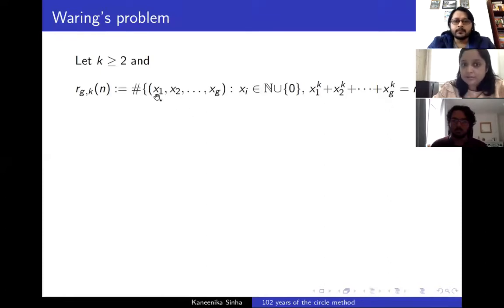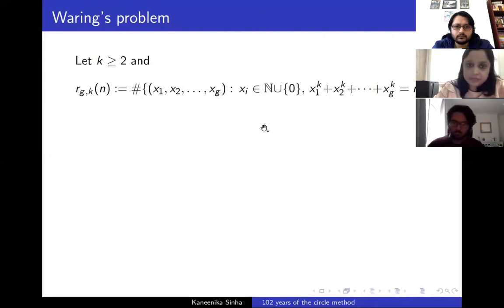What we do is we write out all the g-tuples x1 up till x sub g, where each xi is either a natural number or 0, so that the sum of the kth powers of these xi's gives us n.